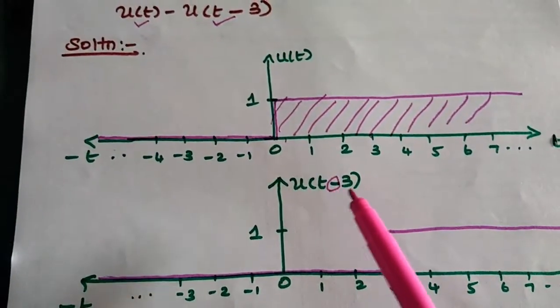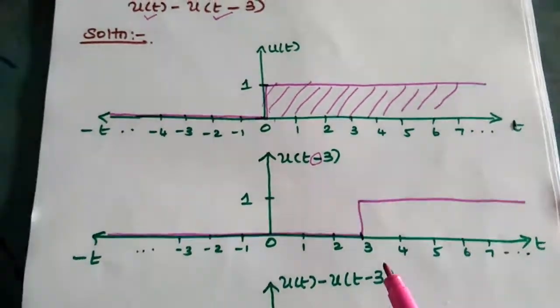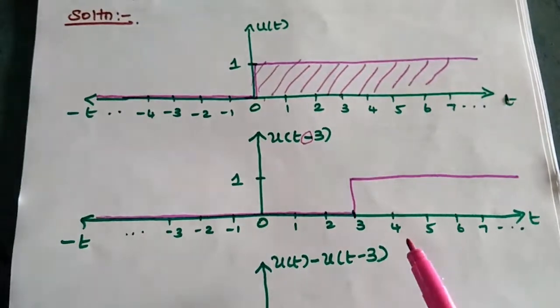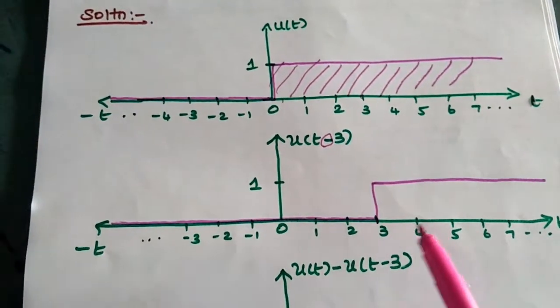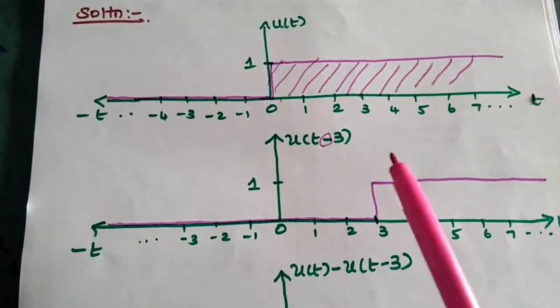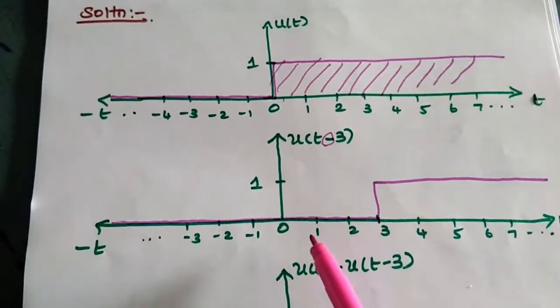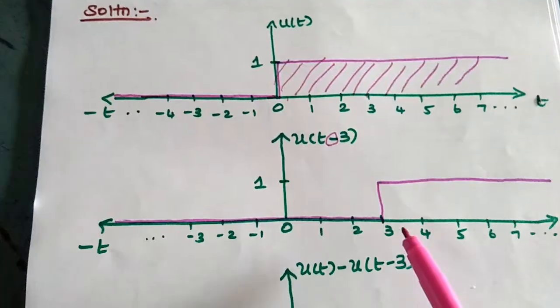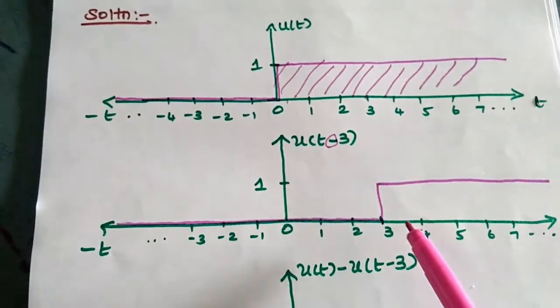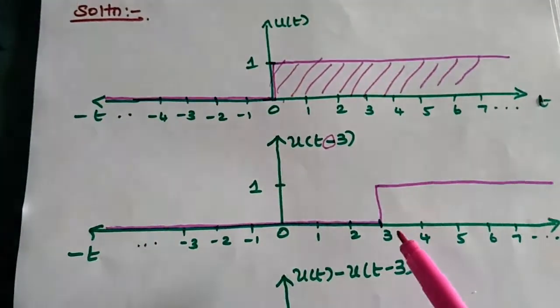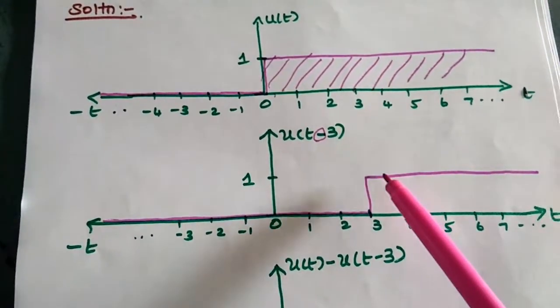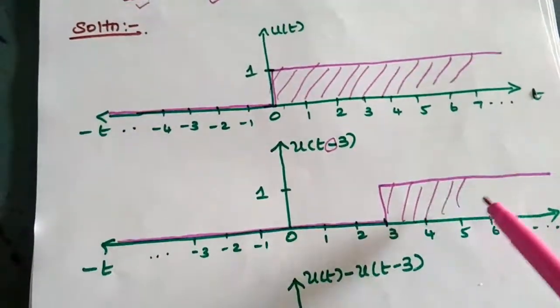So t minus 3 means we can draw the signal like this. We start the signal from plus 3. So this is u of t minus 3. It is delayed by 3 units. It is the time shifted signal.